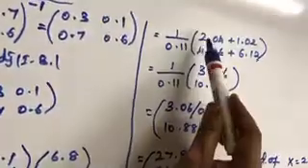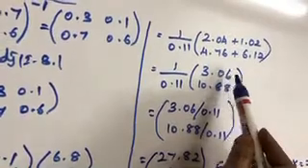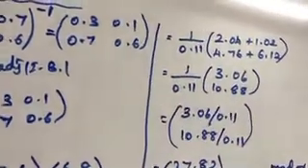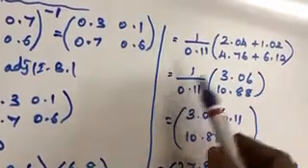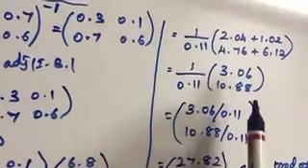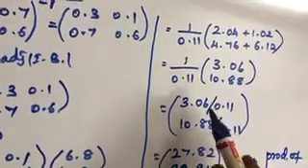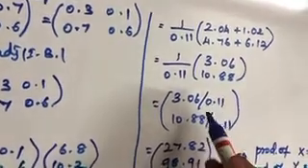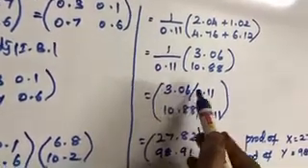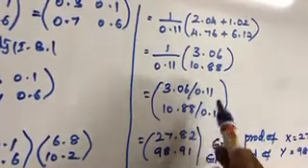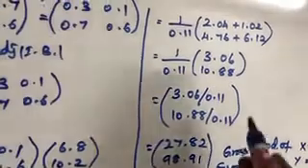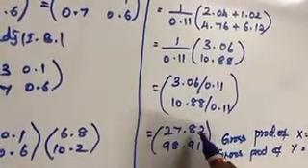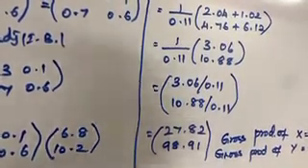While adding you get 3.06 and 10.88. Now you can multiply by 1 divided by 0.11 inside. Girls, we can use the calculator, but an ordinary calculator only. So 3.06 divided by 0.11 and 10.88 divided by 0.11. While dividing that, we get 27.82 and 98.91.